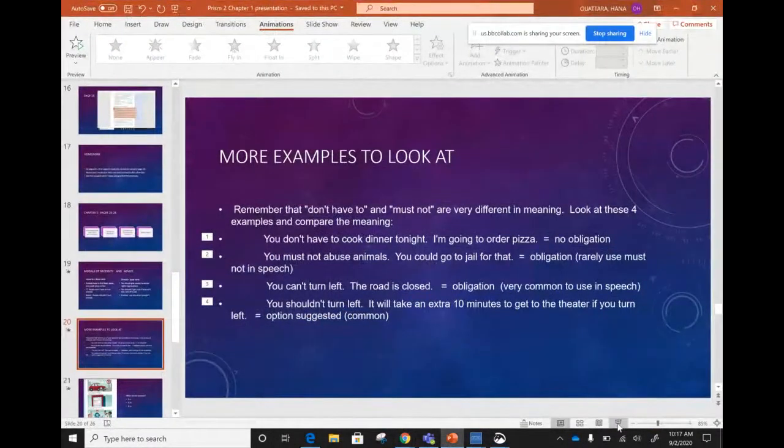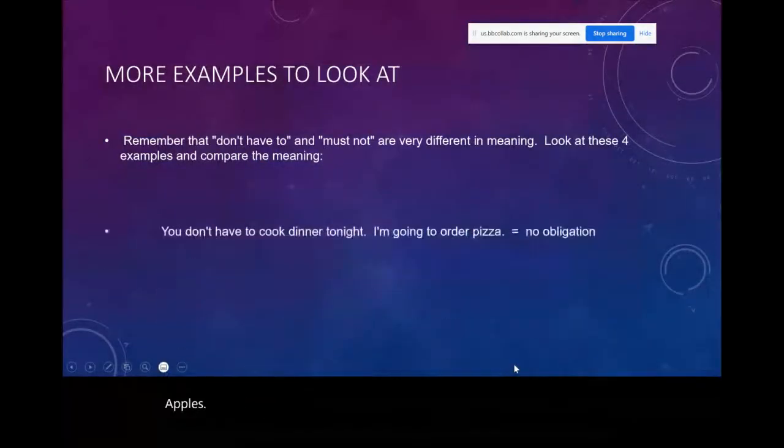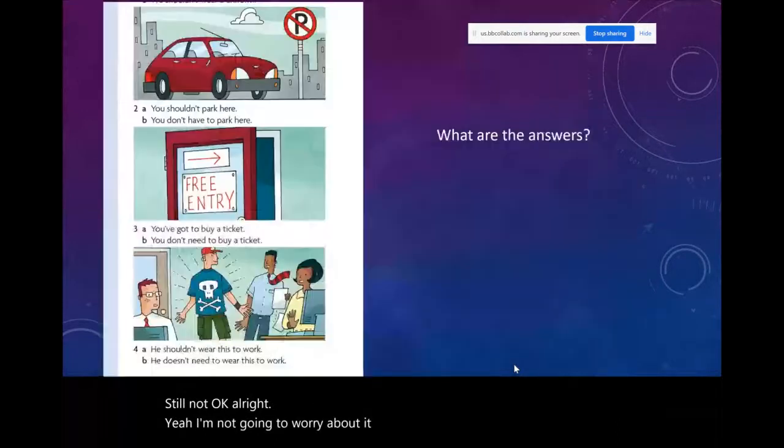Okay, can you see my PowerPoint screen now with the examples? No, teacher, I still can't. I can only see the blackboard. Well, don't worry. Yeah, I'm not going to worry about it. We tried.